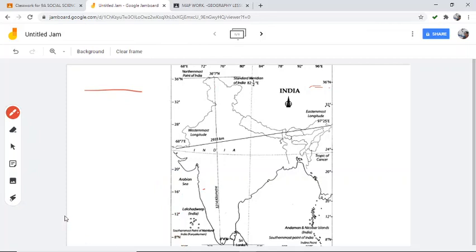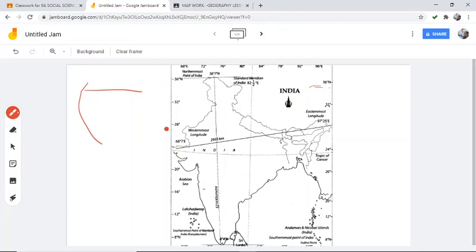But when you say longitudes, that means semicircles running from north pole to south pole. So when you say longitude, entire India is located in eastern hemisphere. All the longitudes which are passing through India will be eastern longitude.